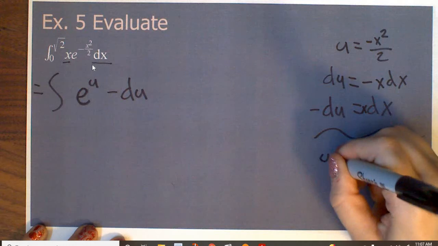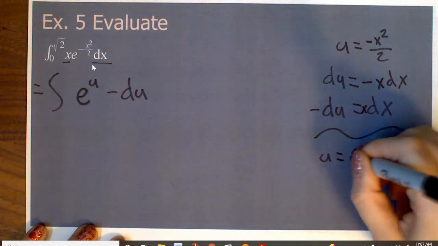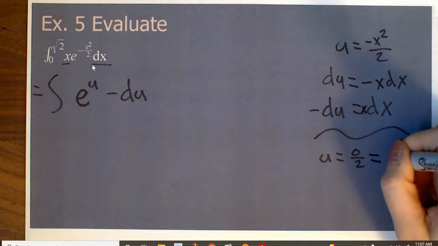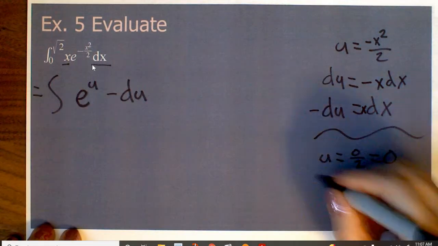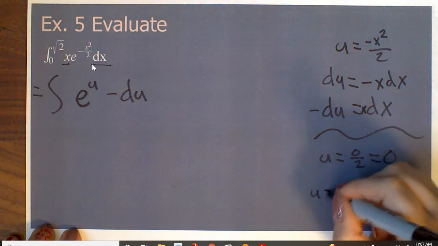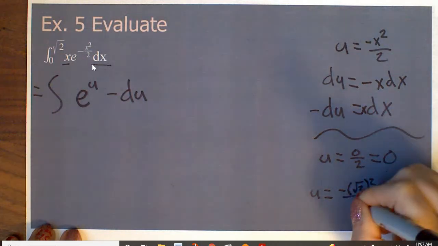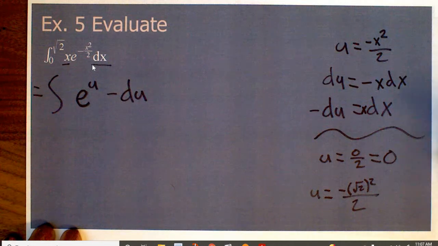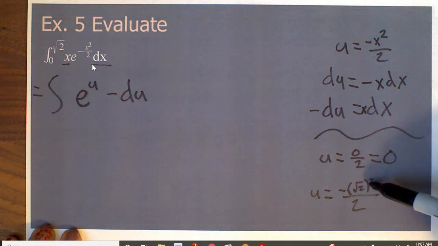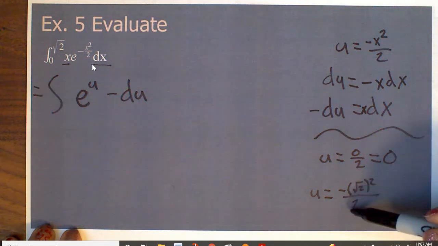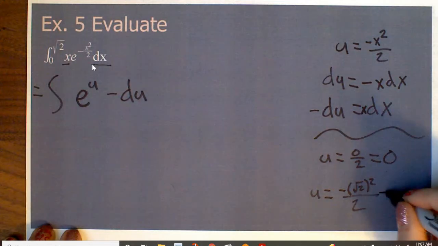So notice that if I plug in 0, we get 0 divided by 2, which is just 0. And then here, square root of 2 squared is just 2. 2 divided by 2 is 1. And then we just have a negative.